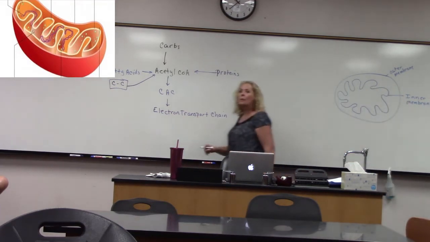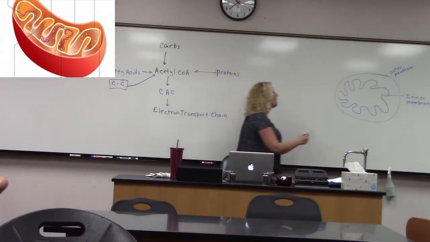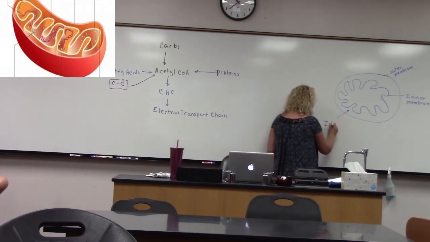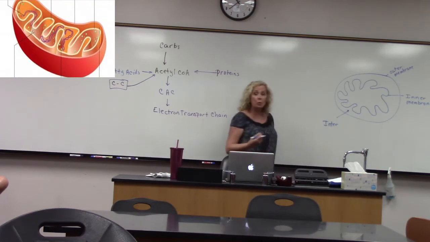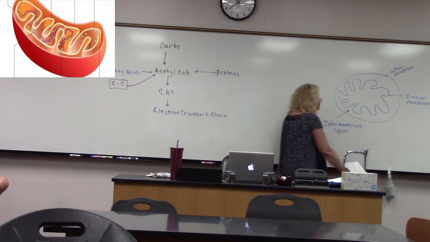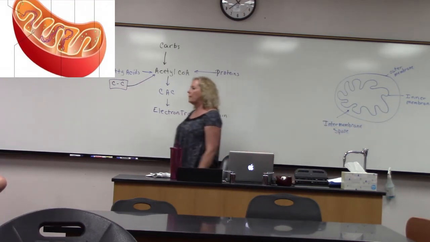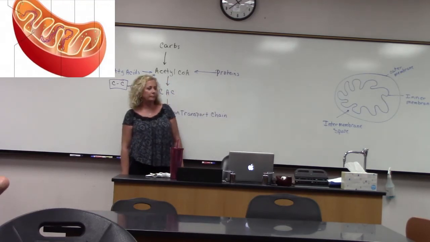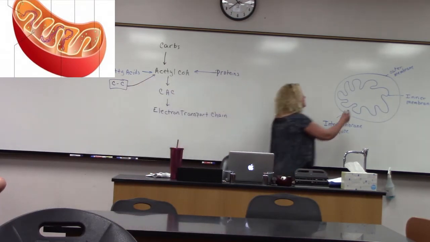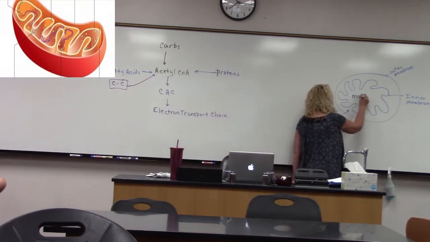Between the outer and the inner membrane, there is a space which is referred to as the inter. Inter means between. The intermembrane, between the membranes, this is a space. So we have the intermembrane space. And then there's a space directly in the middle, and this is called the matrix.